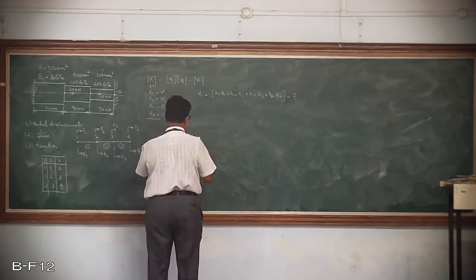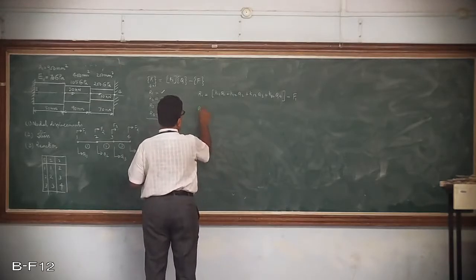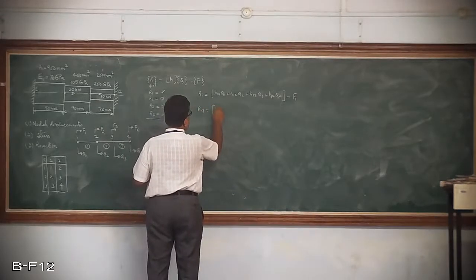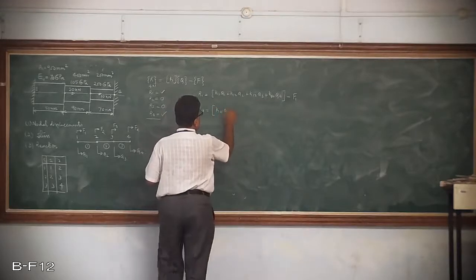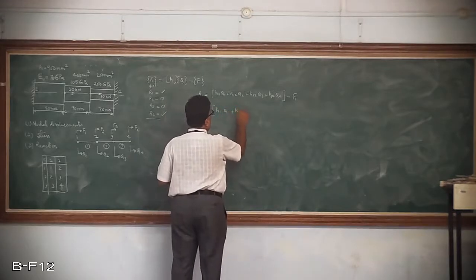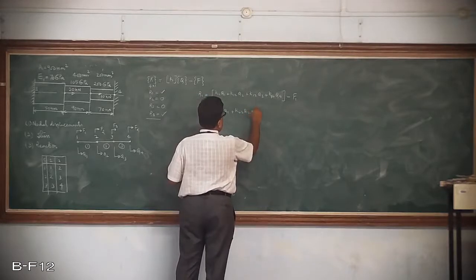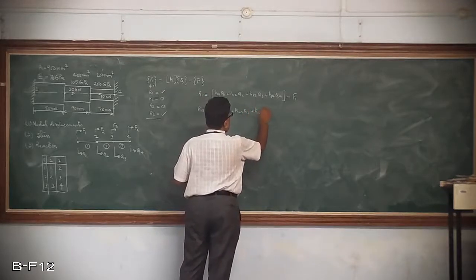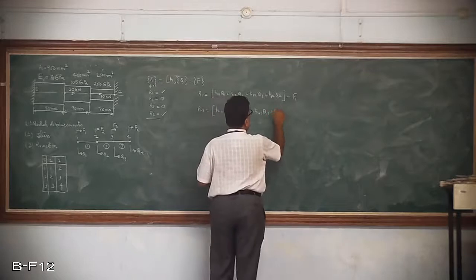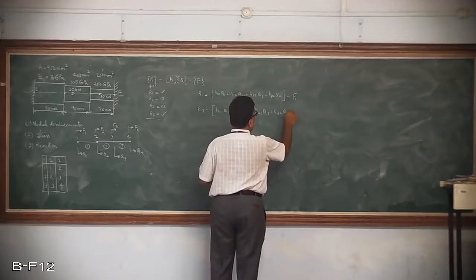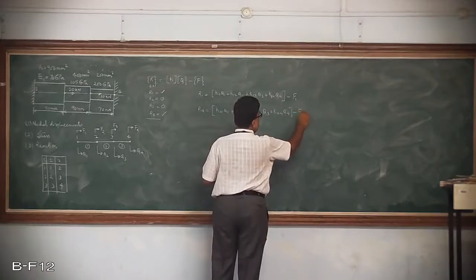If you look at that, and similarly, if you want R4, the 4th row, which is going to be removed, this is K42 Q2 plus K43 Q3 plus K44 Q4 minus F4.